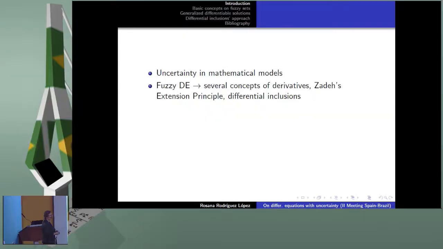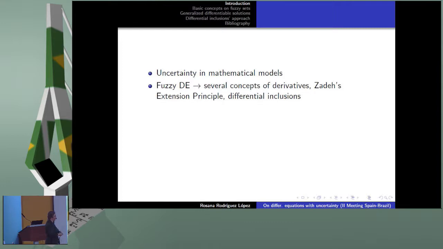There are many approaches to define and to study the properties of the solutions to differential equations in these fuzzy spaces we are going to use. The idea of fuzzy set goes back to the work of Professor Lotfi Zadeh from 1965, where the concept of fuzzy set is introduced.